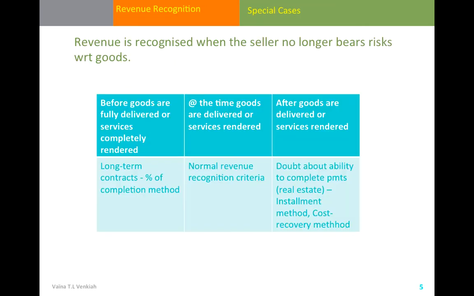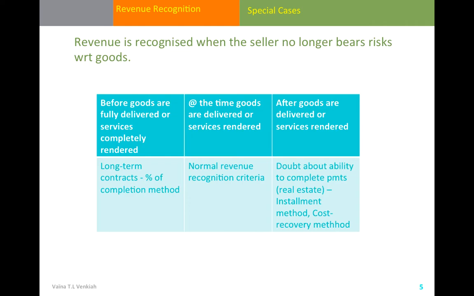And here we have some special cases of revenue recognition. Revenue is recognized when the seller no longer bears risk with respect to goods, but in some special cases, for example, before goods are fully delivered or services completely rendered, we have a long-term contract which uses a percentage of completion method.